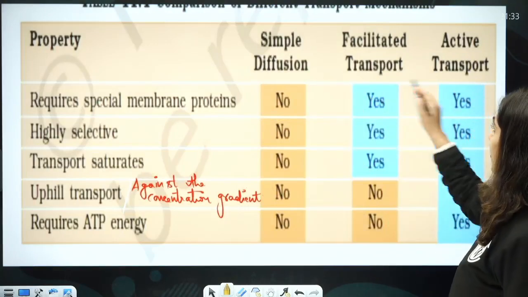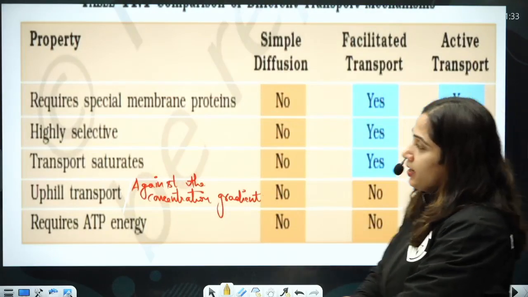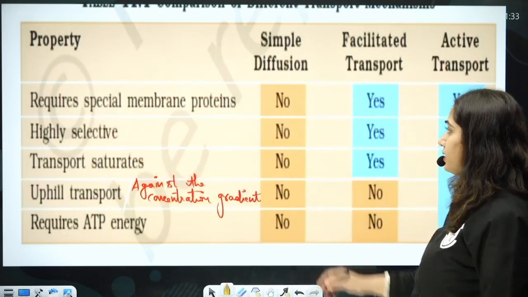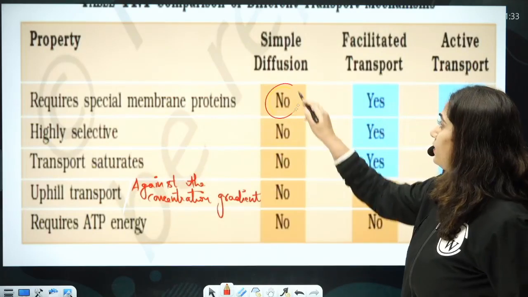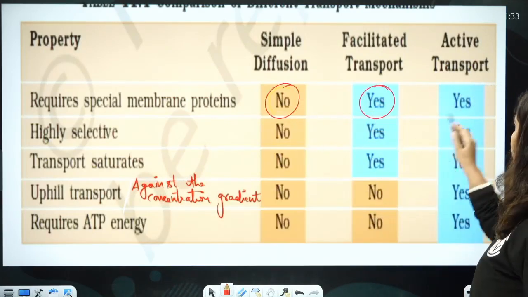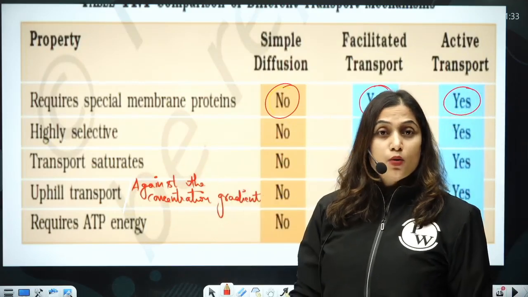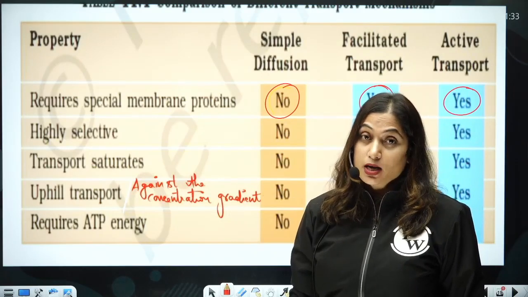They have compared the three processes: simple diffusion, facilitated diffusion, and active transport. It says that it requires special membrane proteins. Obviously, simple diffusion does not require any membrane proteins, but facilitated diffusion uses channel proteins, and active transport uses pumps.